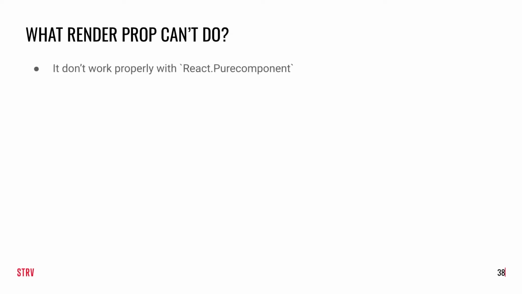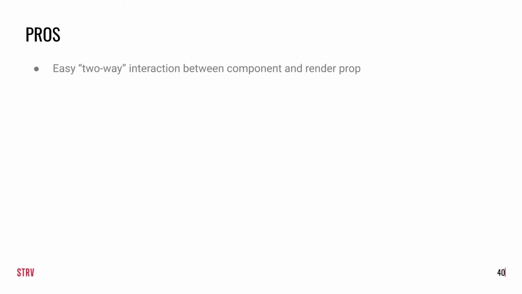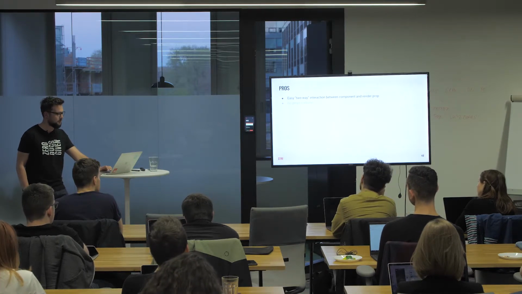What can't it do? Well, it doesn't work properly with React pure components. So there is a workaround that is again mentioned in the React docs. And a summary for render props. Pros are that it provides easy two-way interaction between the component and the render prop.